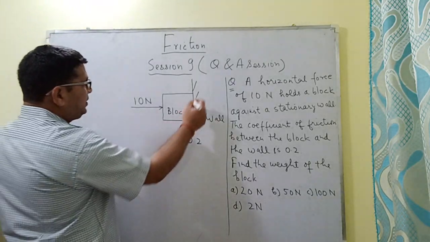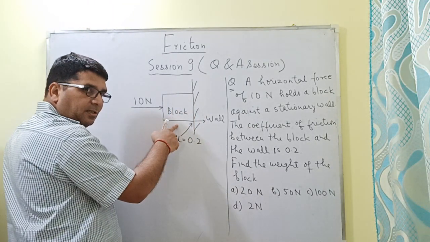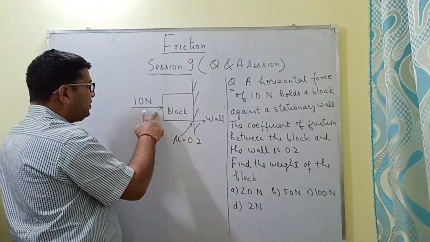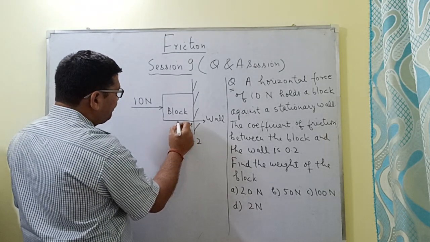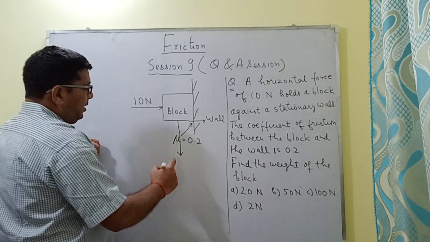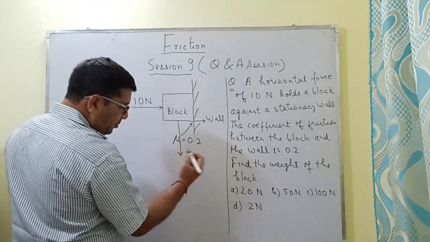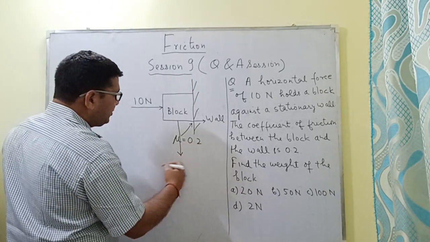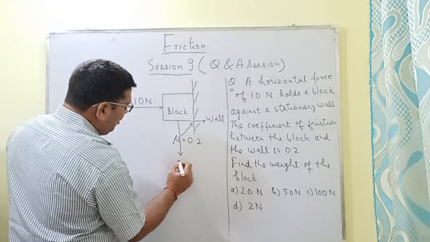Now, since this is a wall and this is a block, and this block is held stationary by the application of this horizontal force, we can solve this question by the method which I will now explain to you. The weight of this block will be acting downward.